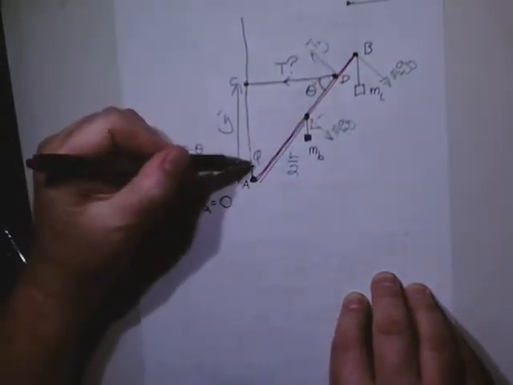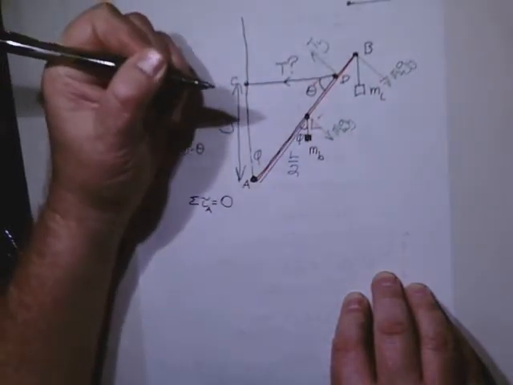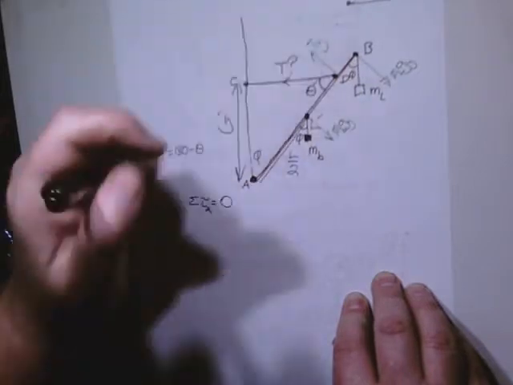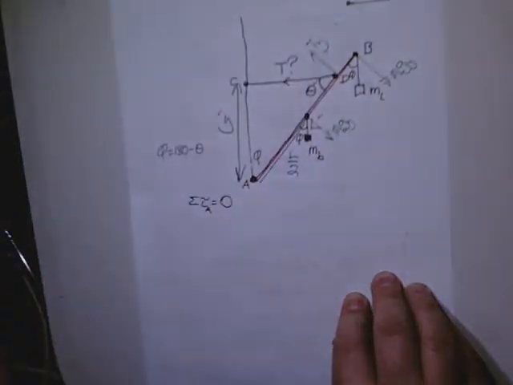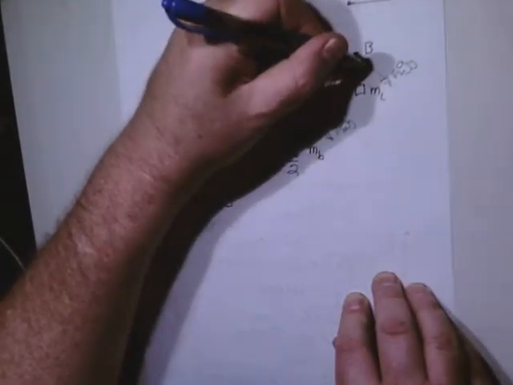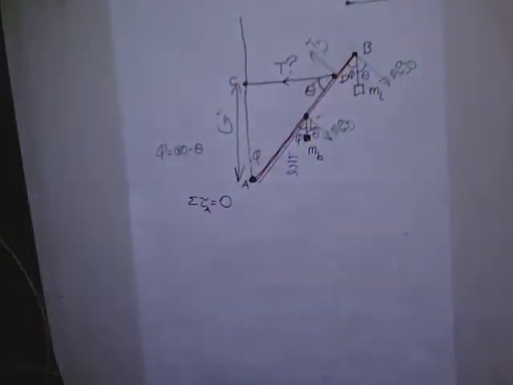If that angle is phi, then that angle is phi, which makes that angle there theta and theta. So those are some geometry things.